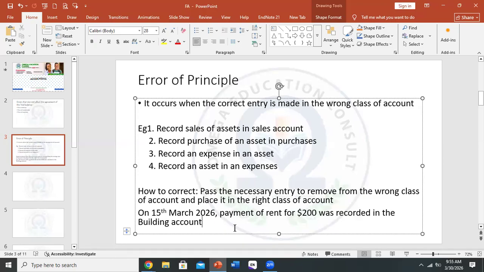Sir, please, we debit rent, the name of the building. You debit rent, the name of the building. And we credit who? I credit the building, name of rent.